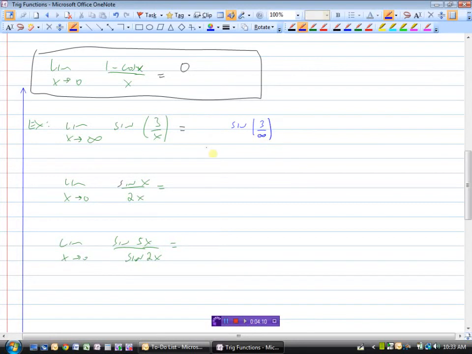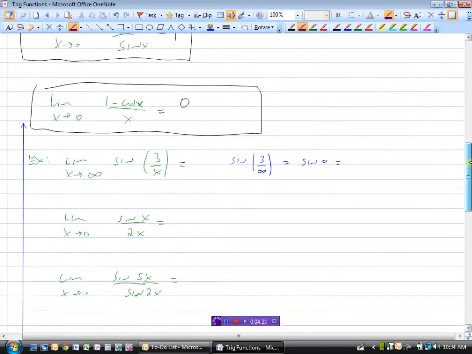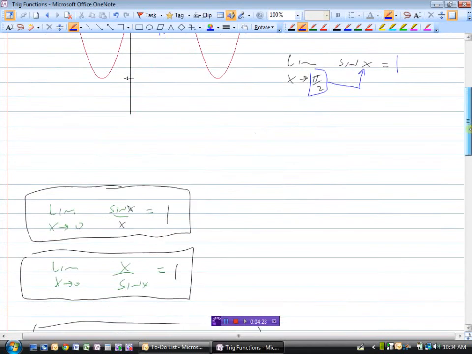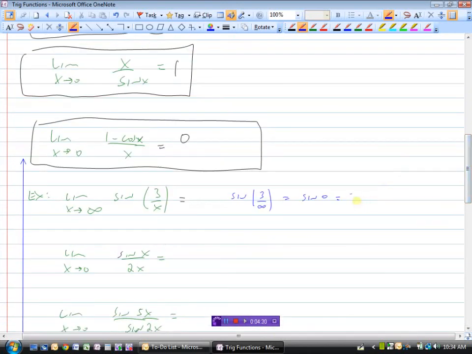If we put infinity in for x, what is 3 divided by infinity? 0. So this just becomes sine of 0, which if you didn't know what it was, you could enter it in your calculator. Those of you that have done Math 12 will know that the sine of 0 is 0. And so we can just say that limit would be 0.